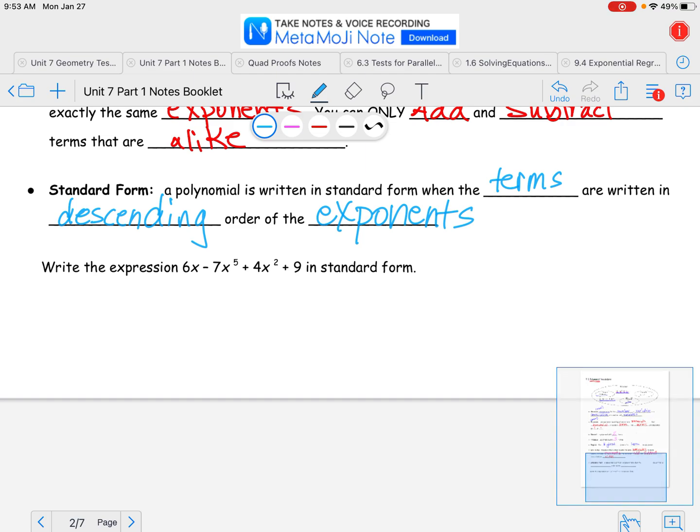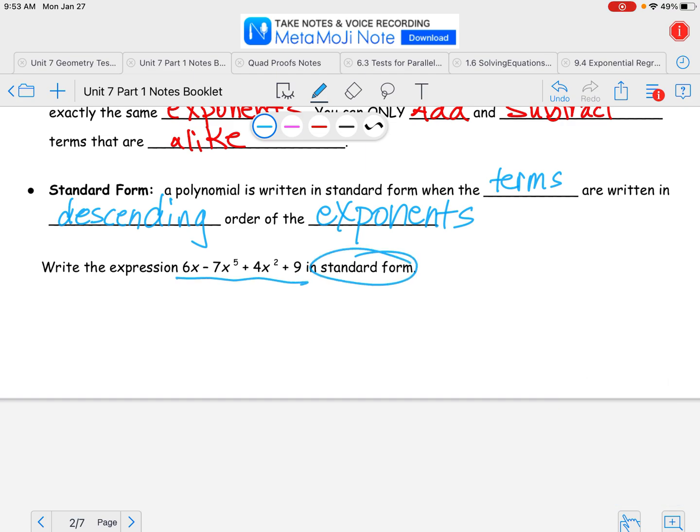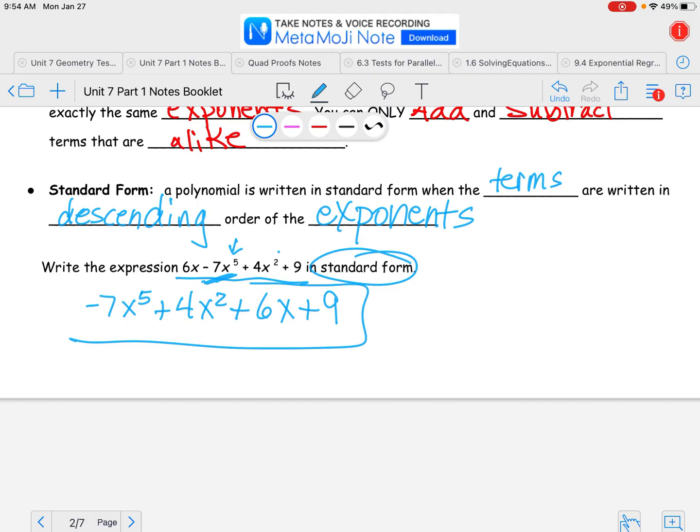So if we were to write this in standard form, the highest exponent is the 5, so we'd write negative 7x to the 5th first. Then we have a 2 plus 4x to the 2nd. Then we have just an x to the 1, and then we have our constant, which has an imaginary x to the 0, even though we don't need it there.